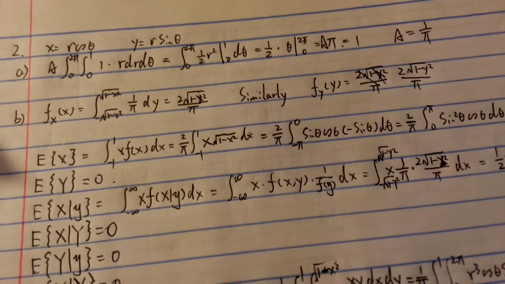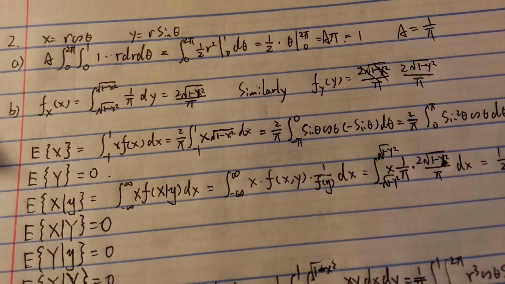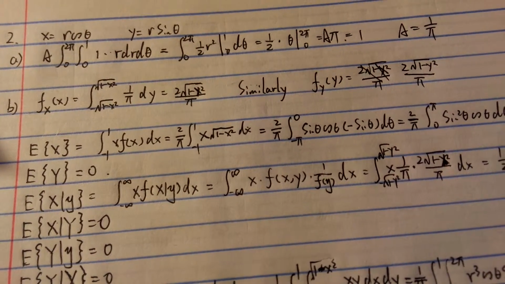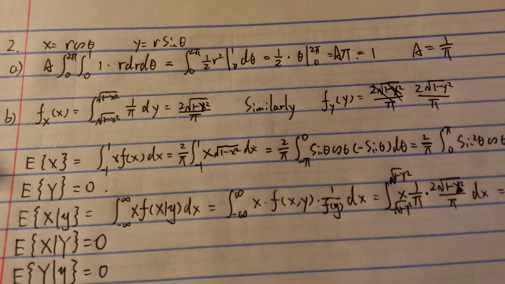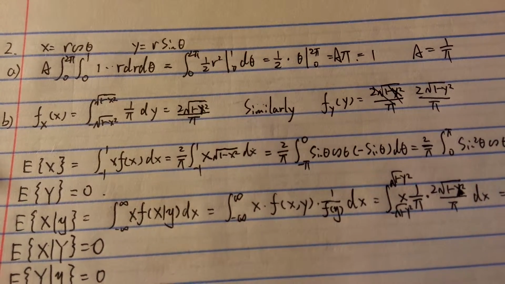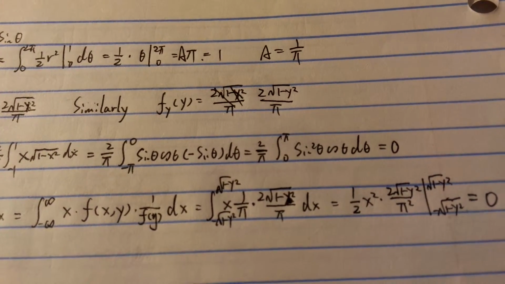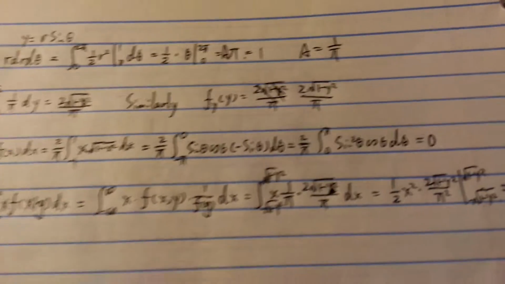And then, similarly to problem 1, if we want to get the density function of x and y, we need to integrate over y and over x. What we get is 2 times the square root of 1 minus x squared over pi, and 2 times the square root of 1 minus y squared over pi.